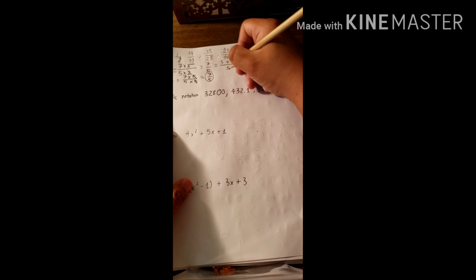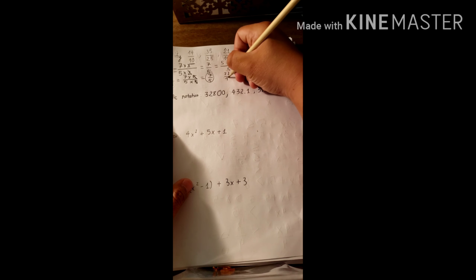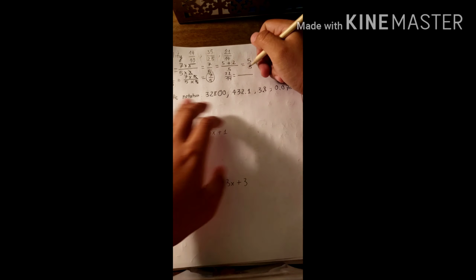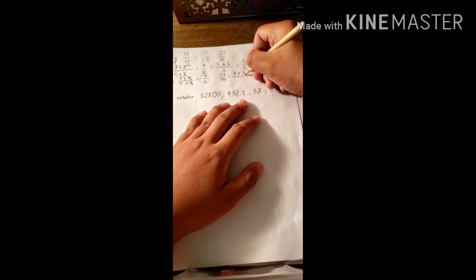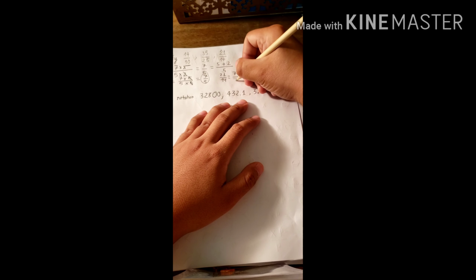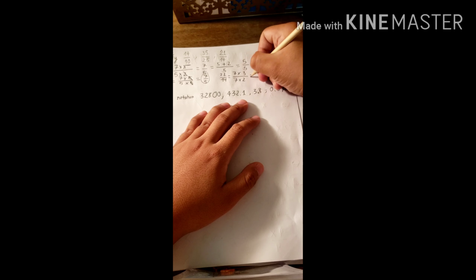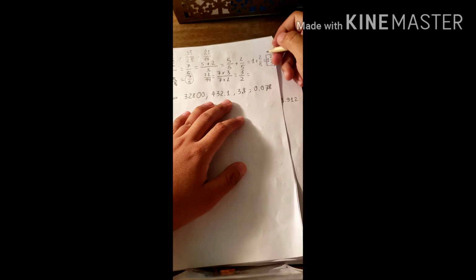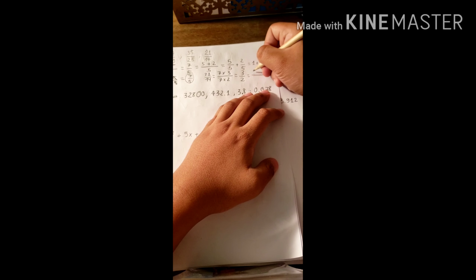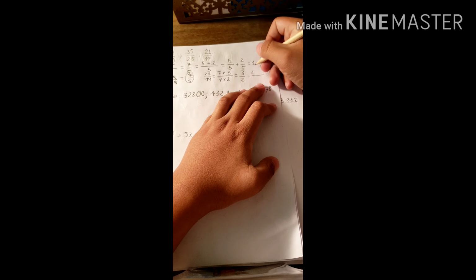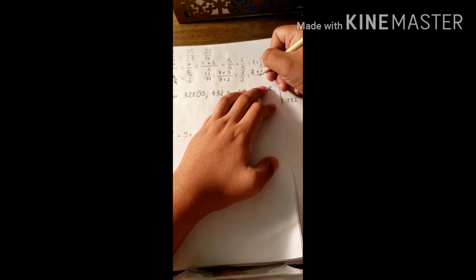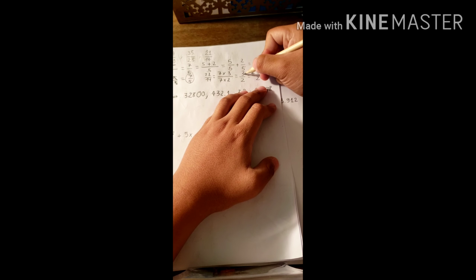The next one is 21 over 14. We can simplify: 21 is 7 multiplied by 3 and 14 is 7 multiplied by 2. We get 3 over 2, and we can write it as 2 plus 1 divided by 2, because 2 plus 1 is equal to 3.